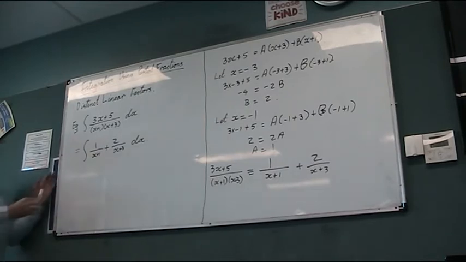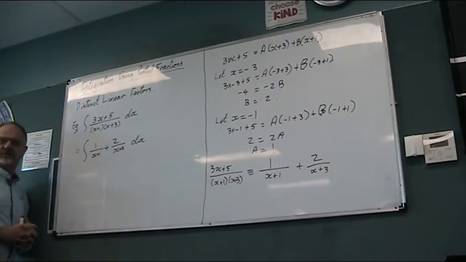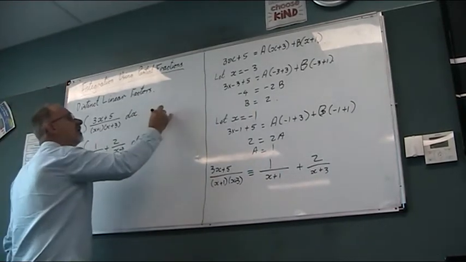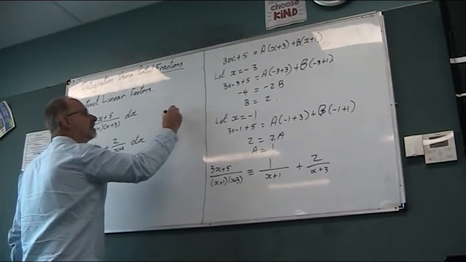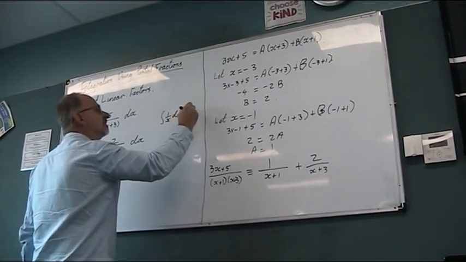And so now we've got two things that are easier for us to anti-differentiate. And as I said before, an antiderivative of 1 on x is log to the base e.